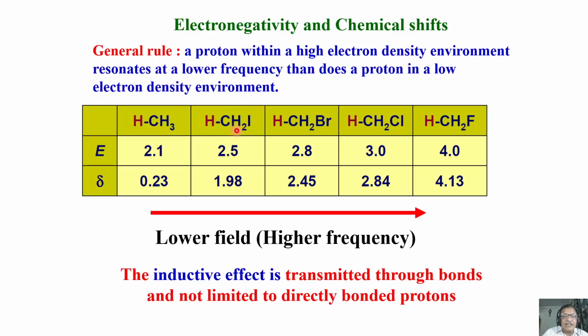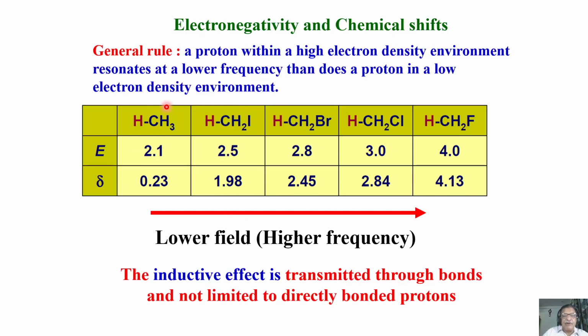As a consequence, the higher the electronegativity, the more electron density is withdrawn, and the more it shifts downfield. Remember this point: it resonates at lower field because it withdraws electrons, causing deshielding. This is one of the important effects of substituting hydrogen atoms with different electronegative groups.